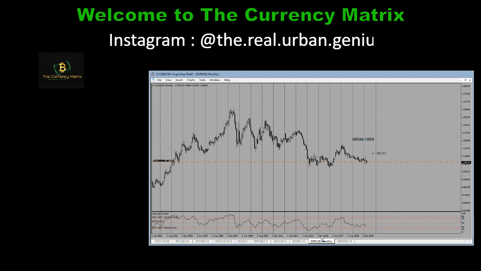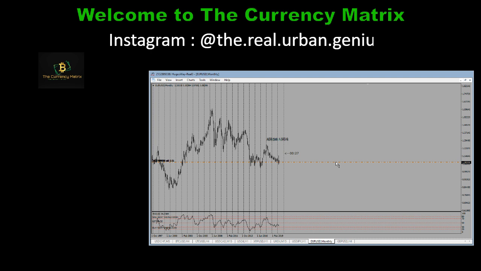All right, now the same thing basically here for Euro USD. Let's start on the monthly. You're on the monthly. This is all the data as always.